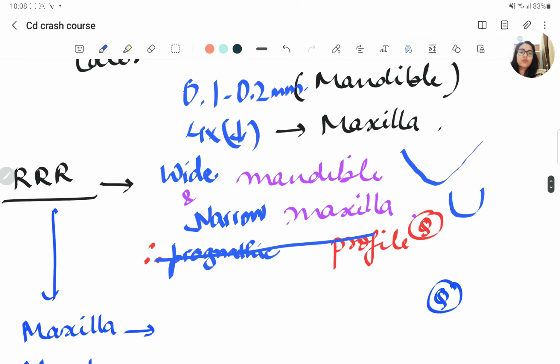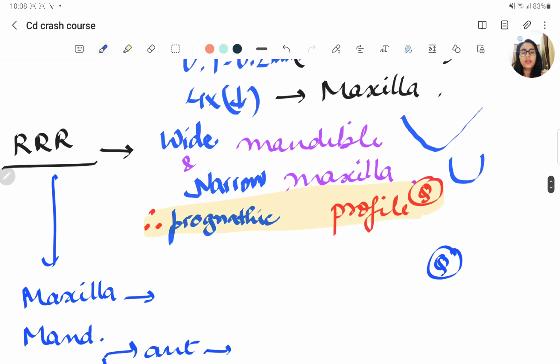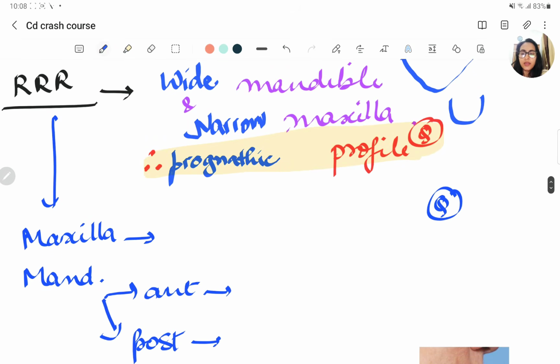They ask you what kind of profile a patient develops after ridge resorption, that is a prognathic profile. There is widening of the mandible, narrowing of the maxilla. The resorption in the maxilla is upward and palatal, and that is why it becomes narrower.